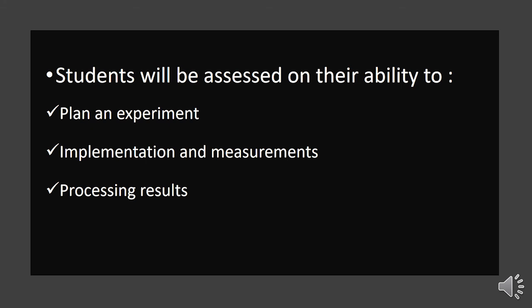For example, say a point that is not on the line of graph. Sometimes they will ask you to comment on how the experiment may be improved, that is possibly by using additional apparatus in order to reduce the errors that occur during the experiments. So these are the things that you will be asked when it comes to the second area, that is implementation and measurement.